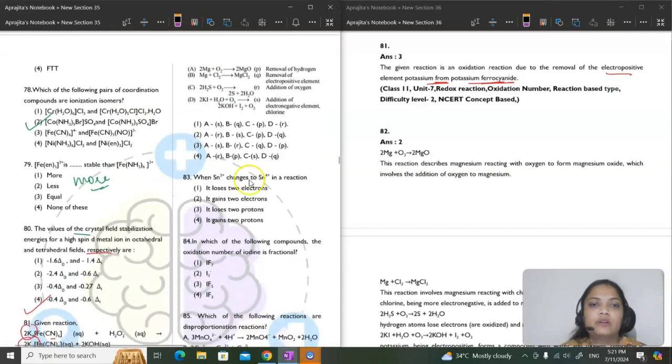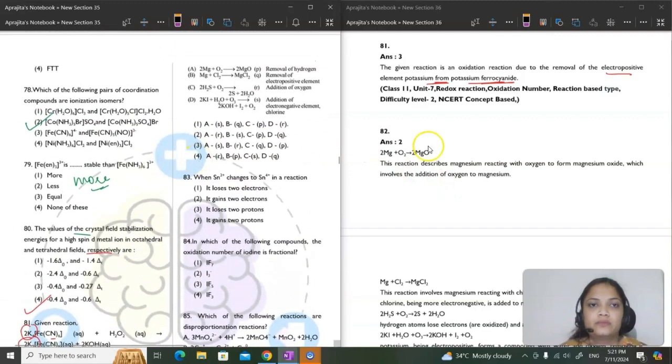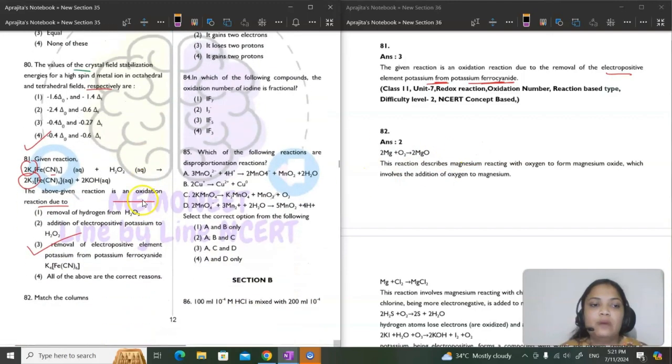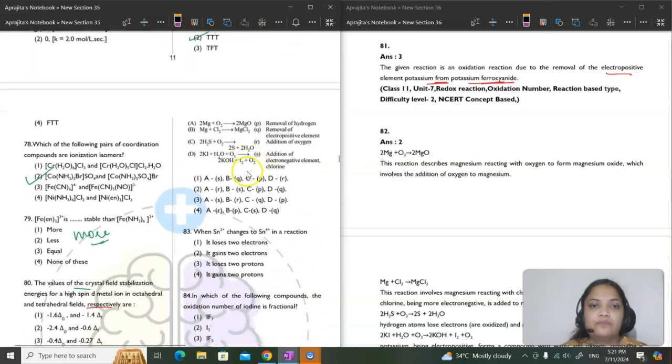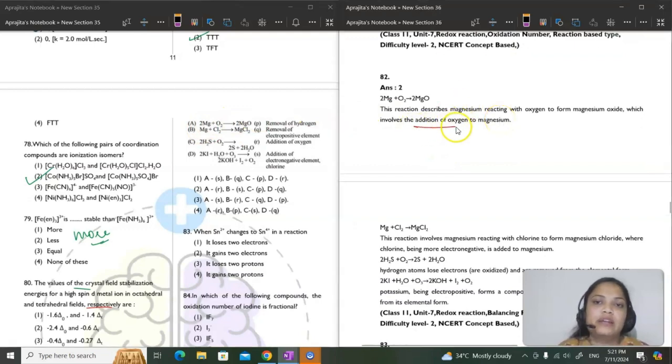Next is question number 82. We have to match the columns. So what is happening in magnesium plus oxygen? Here addition of oxygen is happening. So for A it's R. Now magnesium and chlorine gives magnesium chloride. So addition of an electronegative element, which is chlorine, is happening. So for B it's S. H2S plus O2 gives sulfur and H2O.